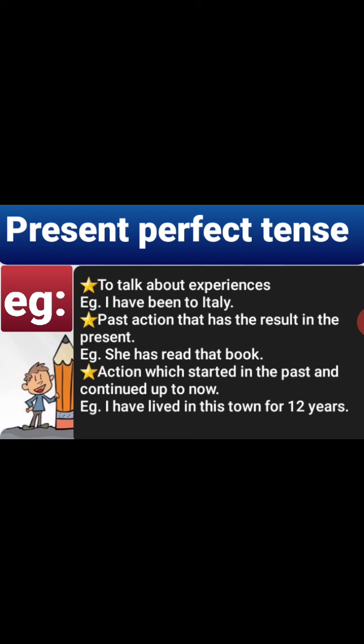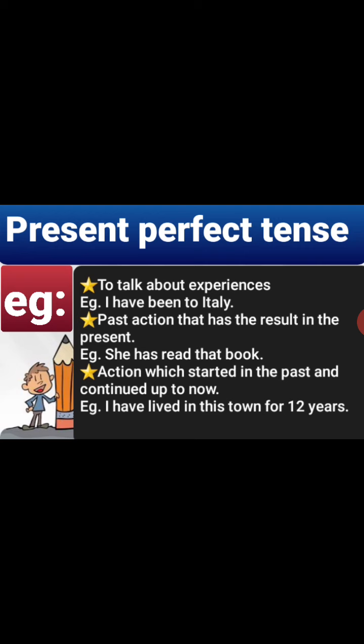So we use here: I have been to Italy. Now, whenever the past action has a result in the present, it means you have done something in the past and the result should be in the present. That is, she has read that book. Then we call it a present perfect tense.